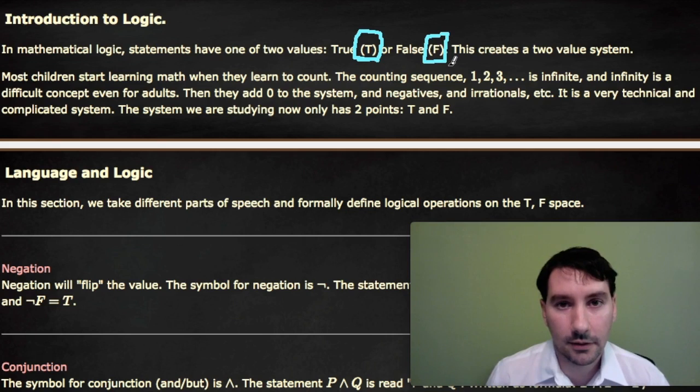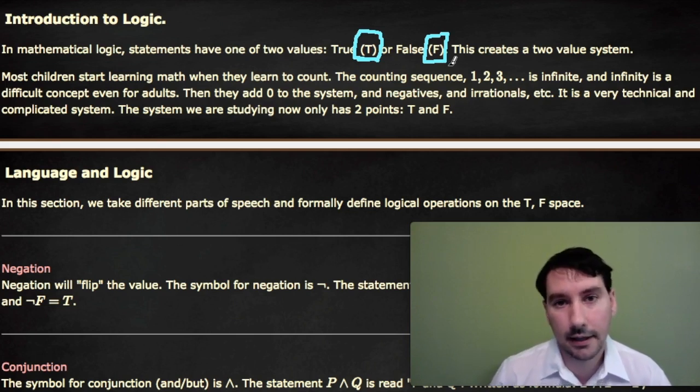If you're watching this video for a class, you're probably learning logic in college, although it should, I think, be taught much earlier to students. So the system we're used to learning as children is the counting numbers, 1, 2, 3, 4, 5, and so on, which is an infinite system. And infinity is even a difficult concept for adults.